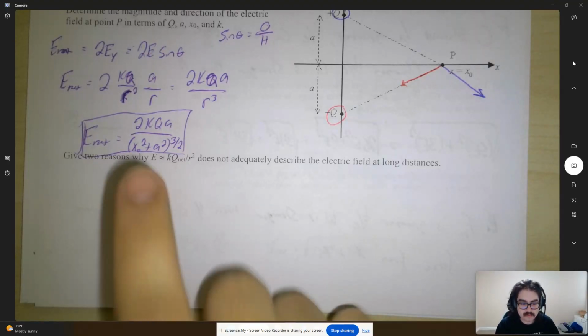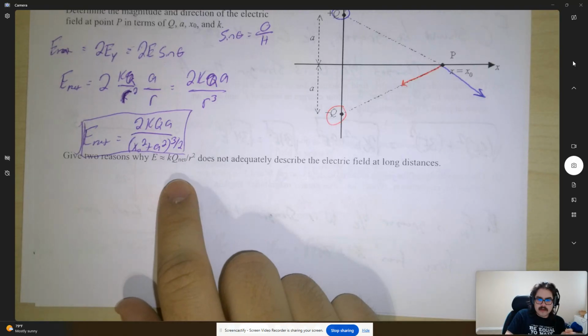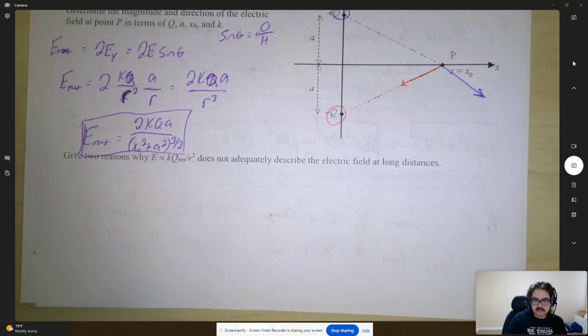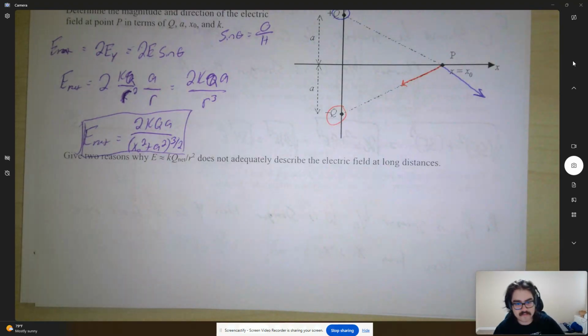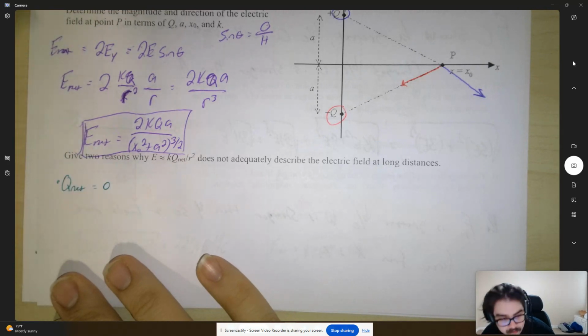Now, this approximation does not work for this case. Okay, it worked for the previous case, but it doesn't work for this case, and there are two major reasons why. The first one is that Q net is equal to 0.